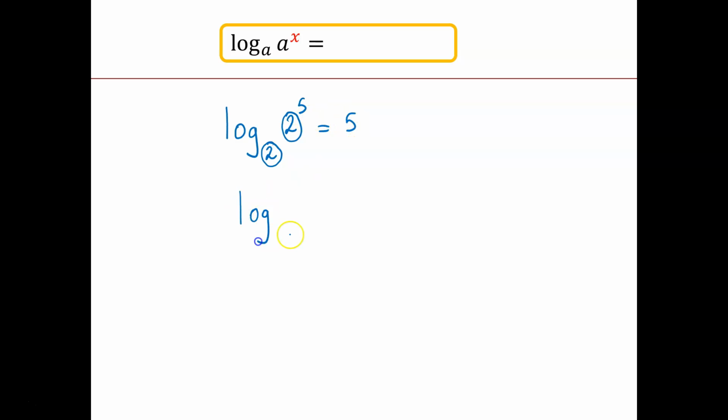So if I gave you this, base 7, 7 to the 3, straight away you should be able to tell me that that is equal to 3. Well, in that case now, what's that going to be then? Simply x. Now, is that true for all values of x? Yes, it is. All real values of x, that is. And that's why we have that statement there afterwards. So please copy that one down, just the x, and we'll continue.